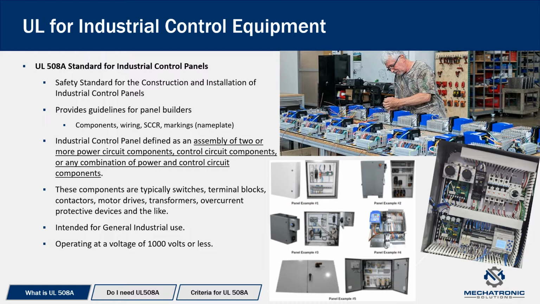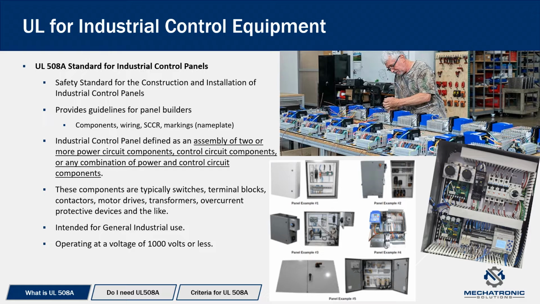And so general industrial use includes packaging equipment, assembly equipment, plastic injection molding, press controls, press operation, irrigation systems, fountain control, refrigeration, elevator, crane, water treatment, a lot of different industries that it encompasses.